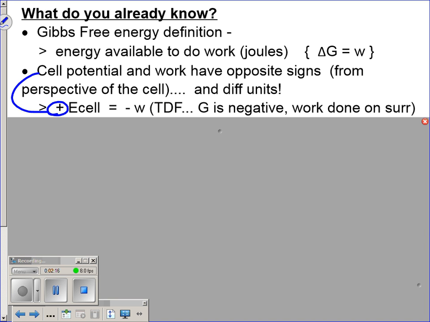But we know that meant a delta G that was spontaneous, thermodynamically favorable, which we're describing as negative work. Because the delta G is negative, the work from the system's perspective is negative, because it's giving the energy away to the voltmeter as it's reading it. So we see this negative sign flip, right? And we kind of already knew that this was a true statement. Delta G negative meant a positive delta E cell. That was our basic memorization for the beginning.